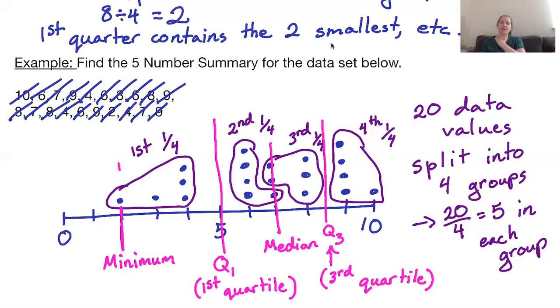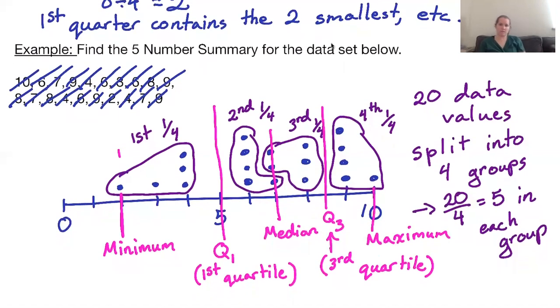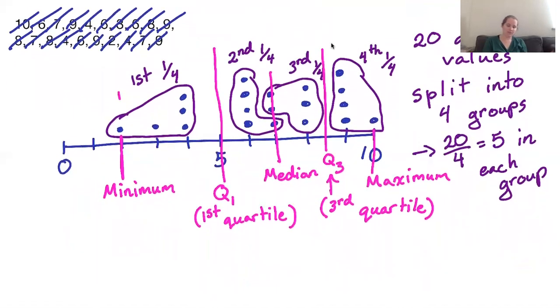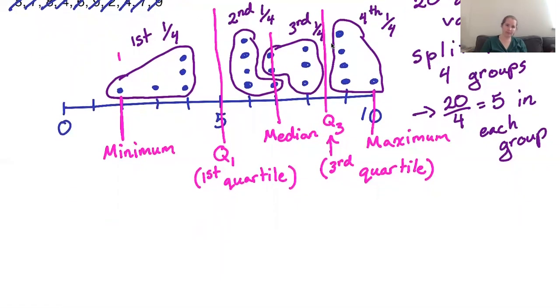And then we end the fourth quarter at the 10. This is our maximum. So what we have then is our 5-number summary.